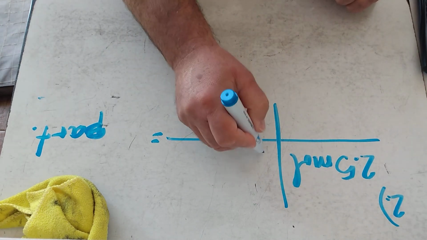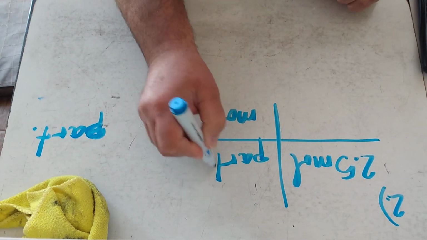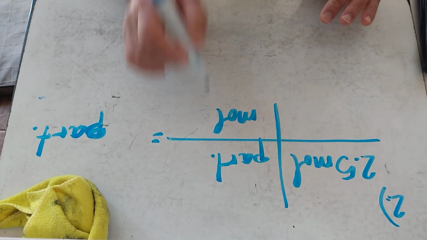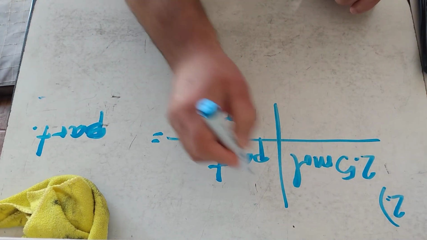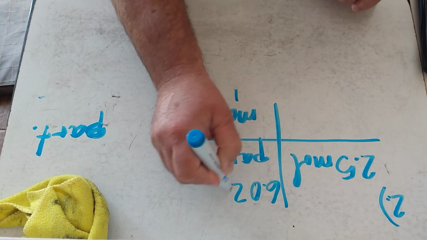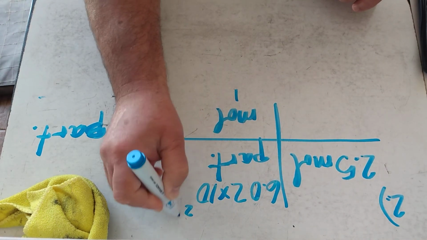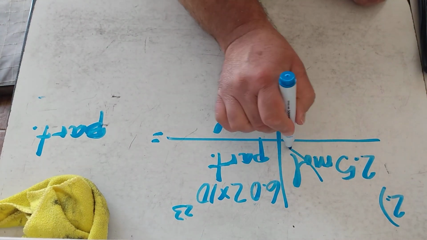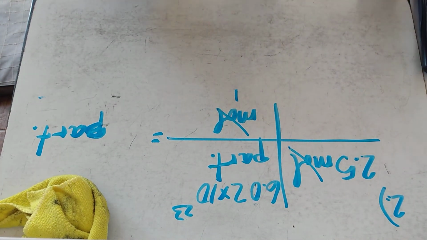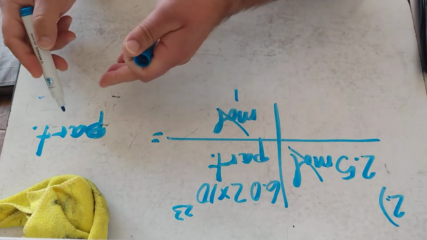And we know particles, so particles we're going to put on top. Well, how many moles are there in particles? We know there's 1 mole, and there's 6.02 times 10 to the 23rd. Okay, well, cancel out mole, we're done. We have particle on top, we want particle.